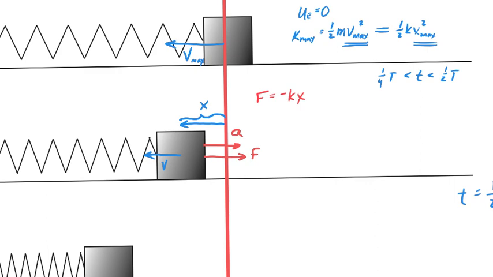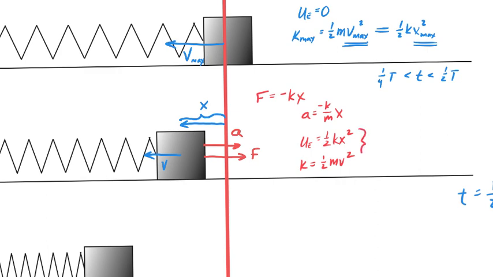Now, I can do all these things, and I will. That's still true. There's elastic potential energy. Doesn't matter what side it's on because the position is squared. There's kinetic energy. Doesn't matter what direction it's going because the velocity is squared.